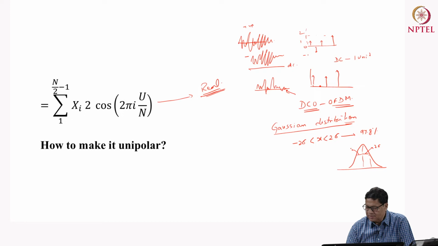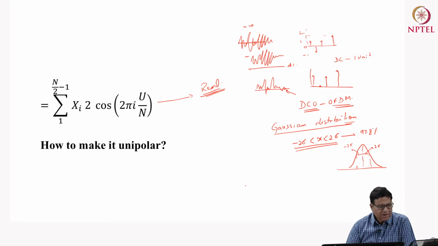This is -2 sigma. So 97.8% of the amplitude values will lie within this range. Which means I need to shift the signal by at least twice the standard deviation.